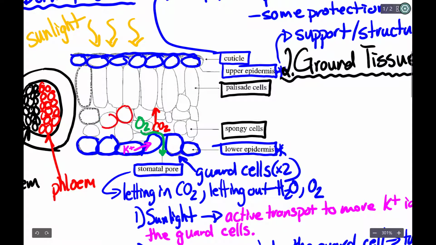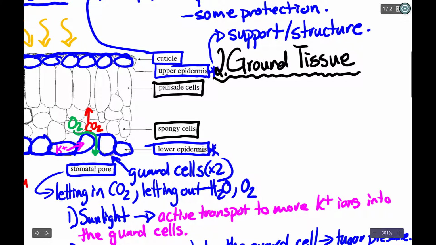They're smaller than the palisade cells. The palisade cells are really tightly packed and they're really vertical like this. The spongy cells are these ones down here where there's lots of air space for that specific reason. The spongy cells are less densely packed.